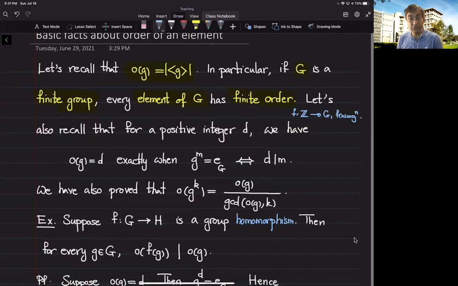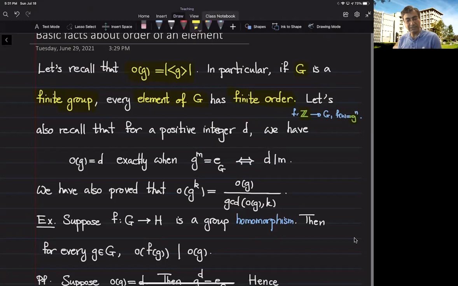We said that the kernel should be generated by one element inside Z, because every subgroup of a cyclic group is itself cyclic. From there, we deduce that this kernel should be d times Z where d is not 0. That is precisely the order of the element g.